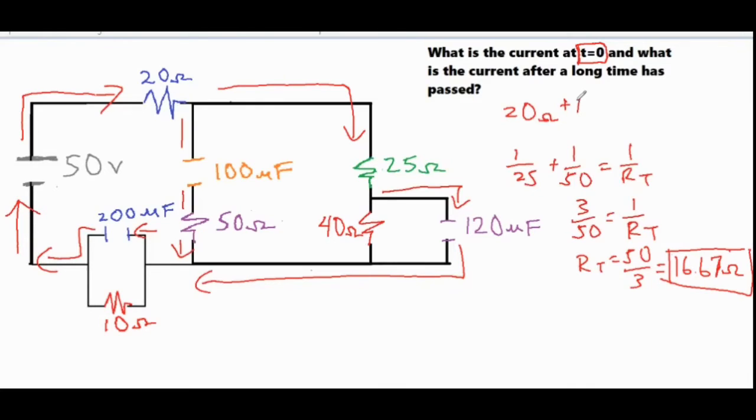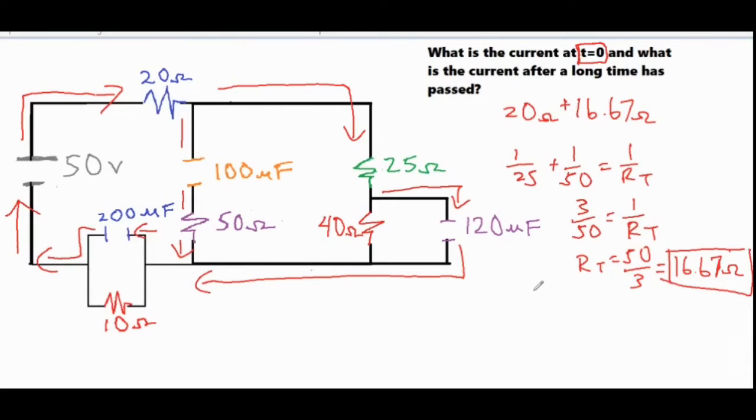All right, so let's go ahead and add that to our 20. And then lastly, we are going through the 20 and then through this parallel chunk over here with the 50 and 25, and then it's going to pass through that top part of the branch, and that's basically it.